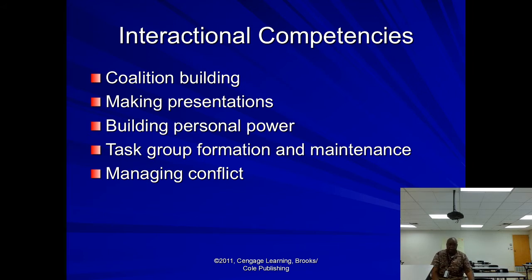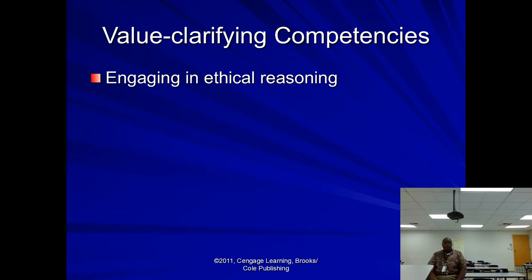And then when a conflict arises, you must know how to manage conflicts. So the continuation to this is the last one, value clarifying competencies. It's engaging in ethical reasoning. Make sure that you're doing everything that's ethically sound and reasonable and right.